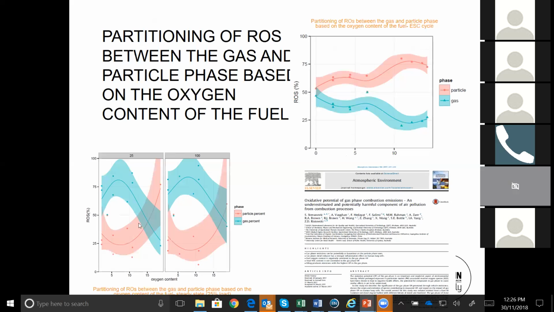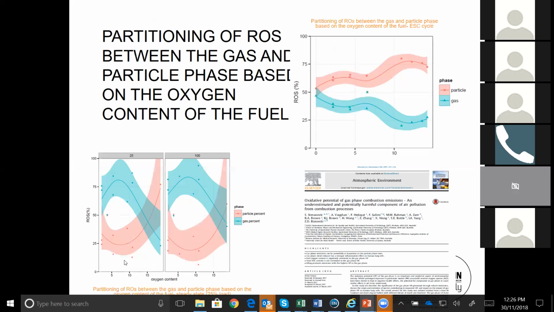So we did measure the ROS in the particle and the gas phase, and we were using different fuels. As a measure of different composition of fuels, we used one metric: the oxygen content of the fuel.